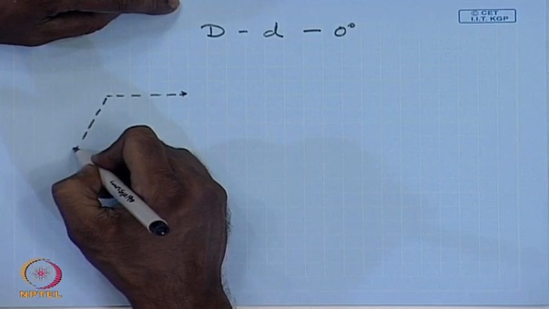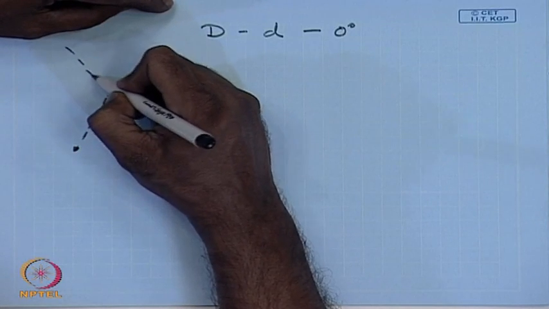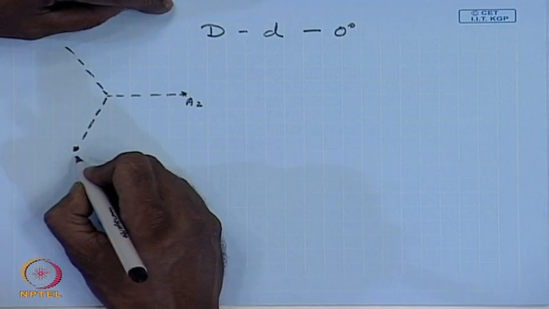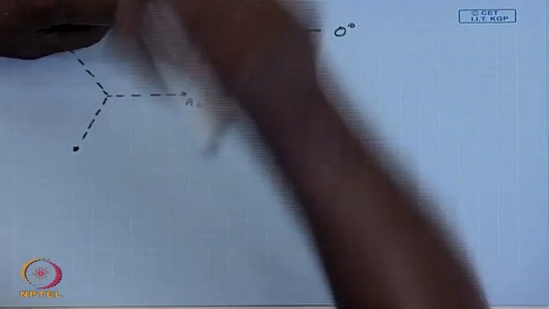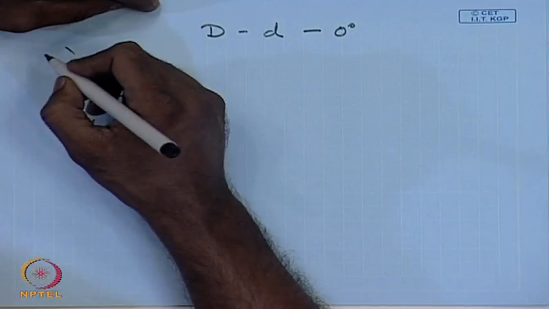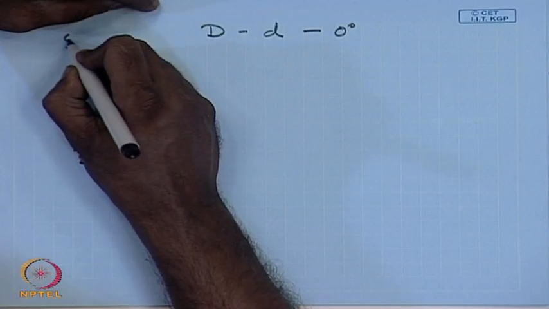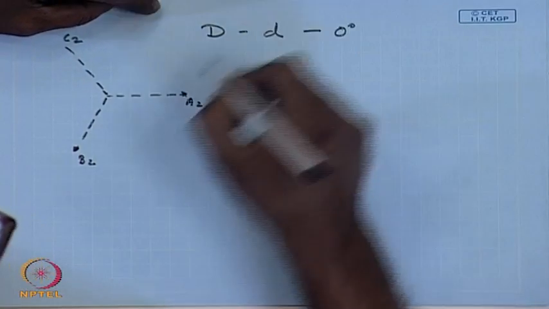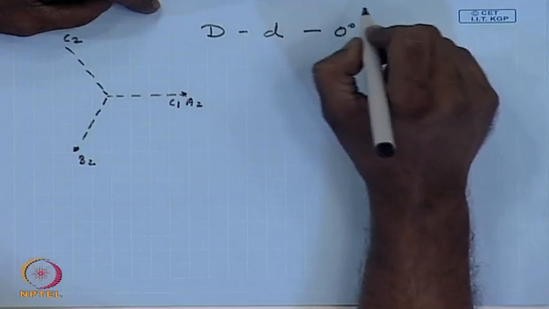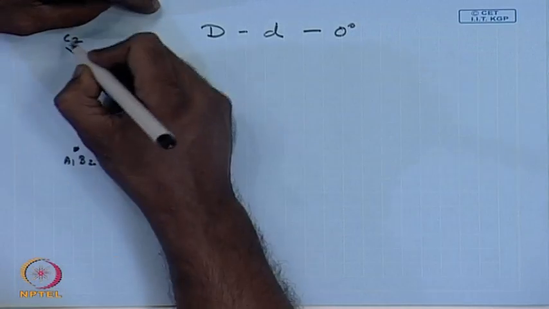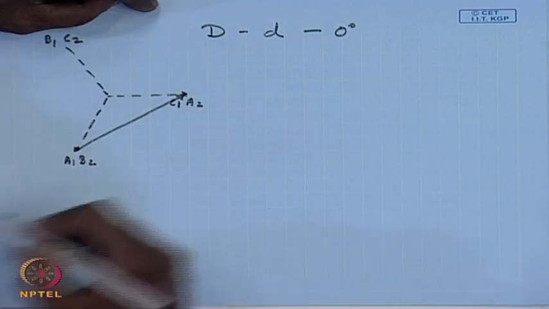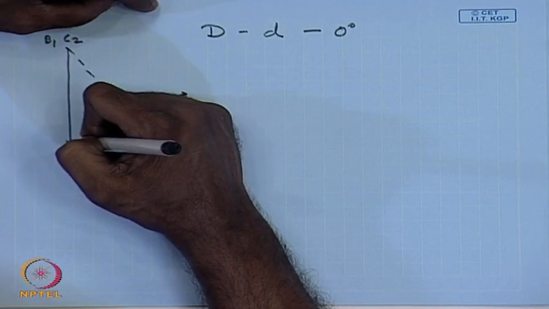A, B, C, A2, B2, C2, this is C1 also, this is A1 and this is B1. So, this is the winding voltage phasor A1 A2, this is B1 B2 and this is C1 C2.